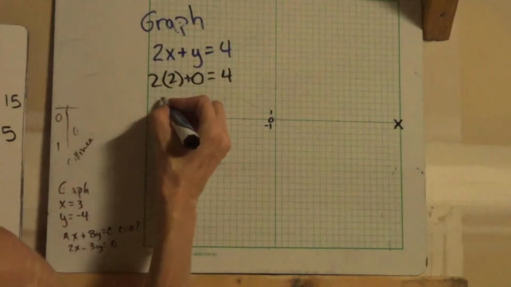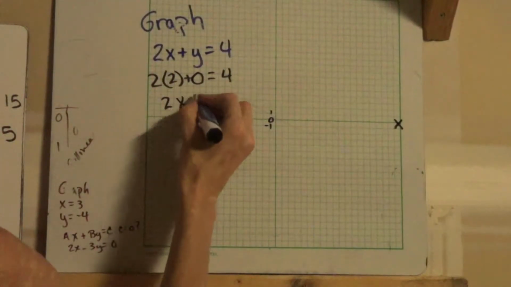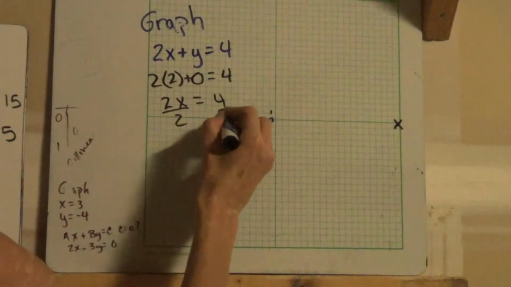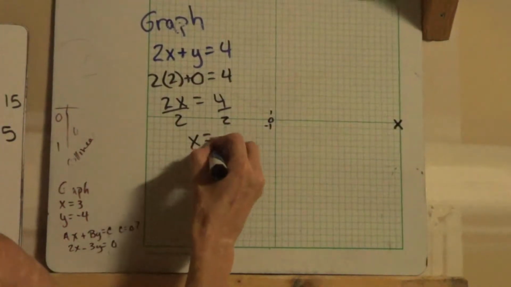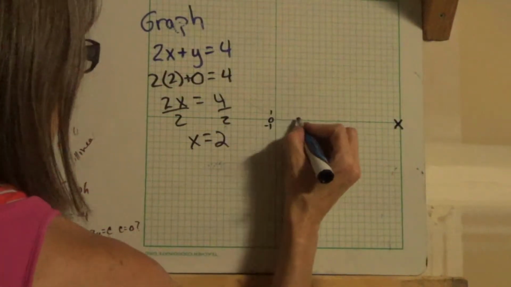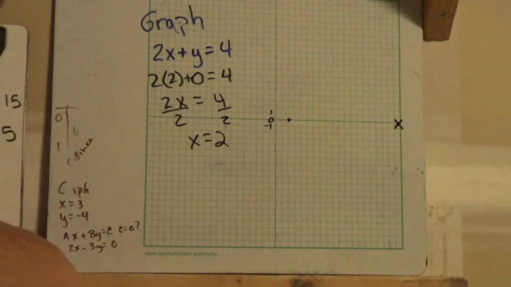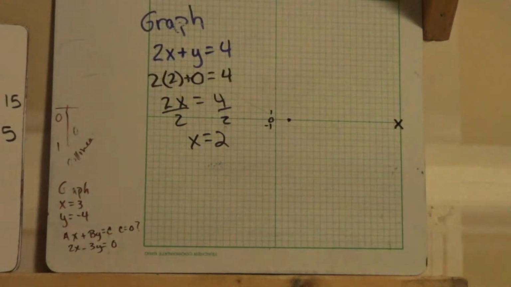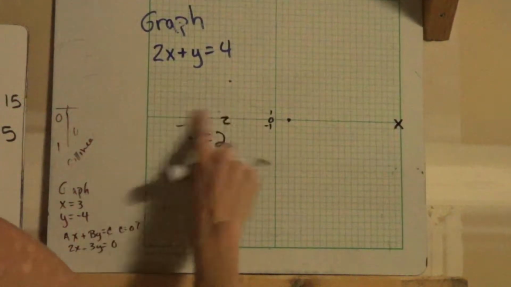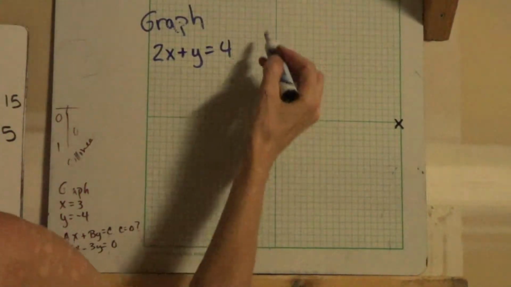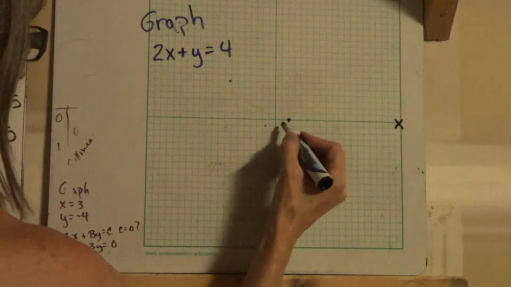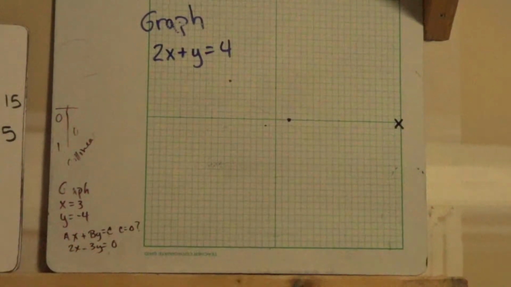Another way you could do that is you could take 2x equals 4 and solve, and you could get x equals 2. So when y is 0, x is going to be out here at 2. Now, we do the same thing for the y-axis, and we say, well, the x value, here's -1, here's 0, and here's 1.